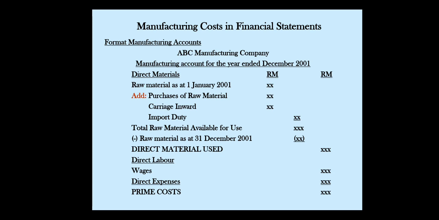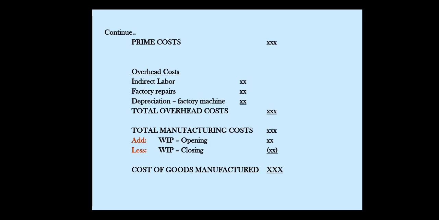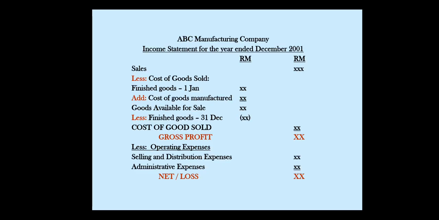So this is an example of the format for income statement for manufacturing business. Okay, so if somebody asks you to prepare an income statement for a manufacturing business, then the format is like this.